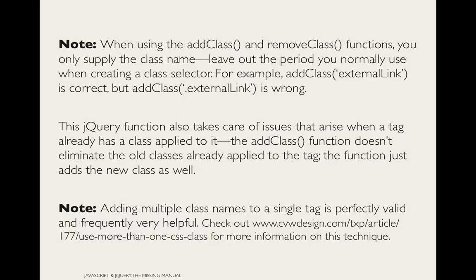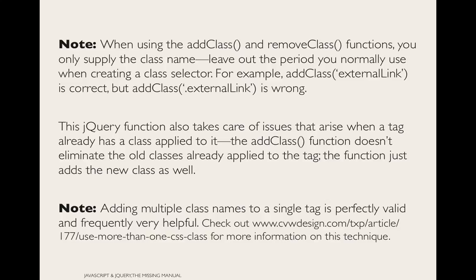This jQuery function also takes care of issues that arise when a tag already has a class applied to it. The addClass function doesn't eliminate old classes applied to the tag. It just adds a new class as well. So it's very smart about things.